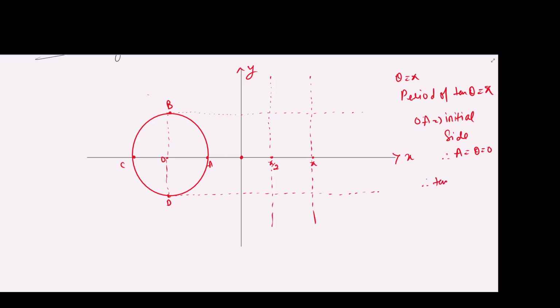Therefore tan theta at theta equal to 0 is 0. At B, tan pi by 2 is infinite. So at pi by 2 the graph will look like this.